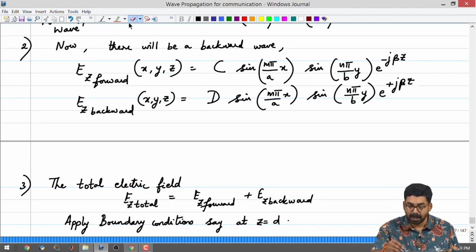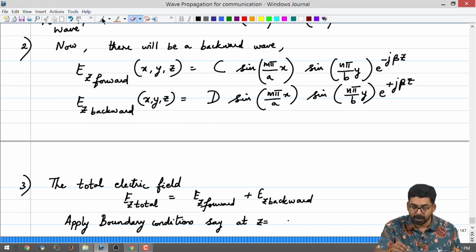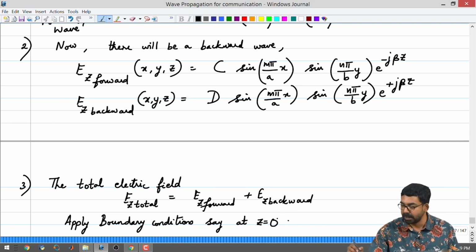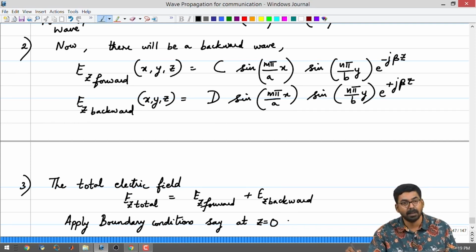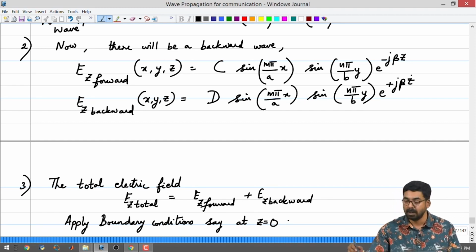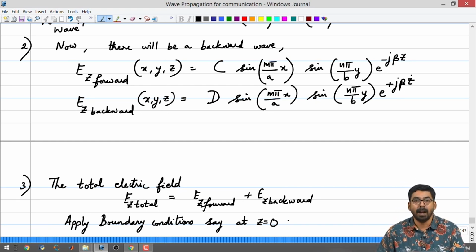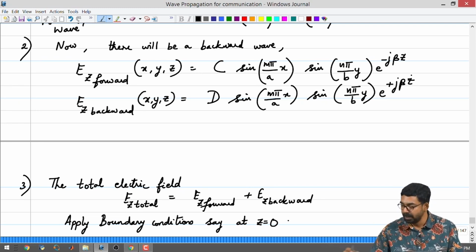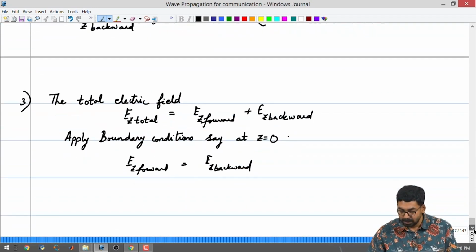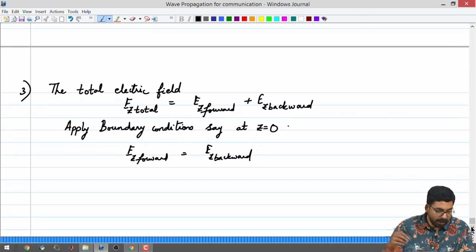If it makes it any simpler, you can always take z equal to 0, because in that way you will get rid of these terms fully. So, you will have e to the minus 0 and then e to the plus j 0. So, you can get rid of it and then you will notice that the constants c and d are actually identical. So, this is another way you can apply the boundary conditions anywhere.